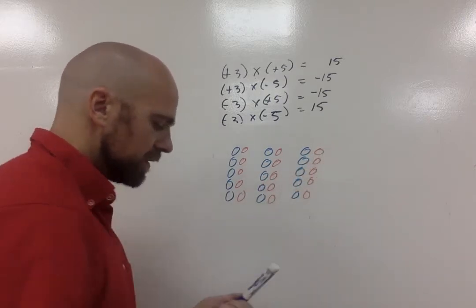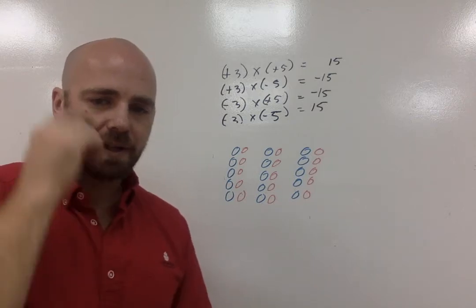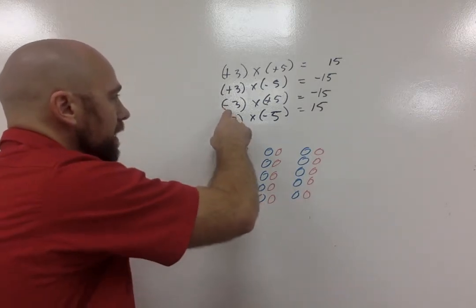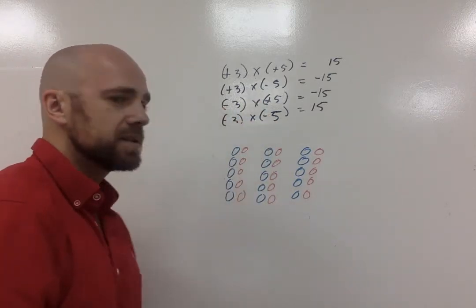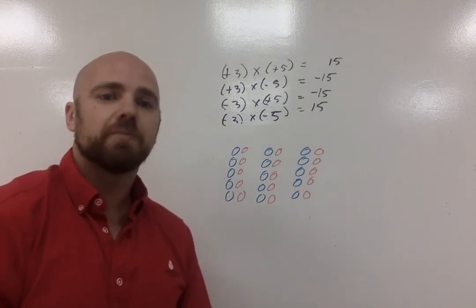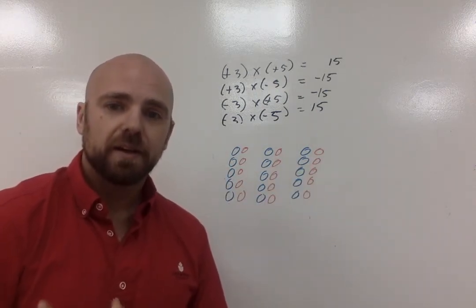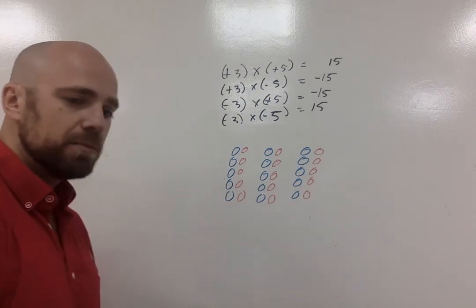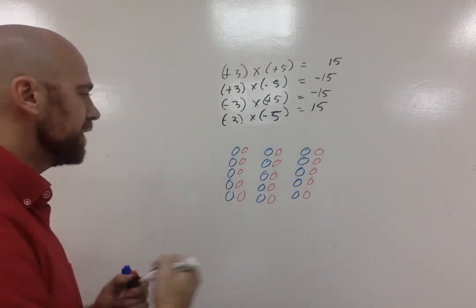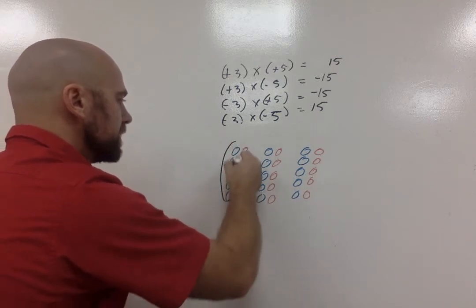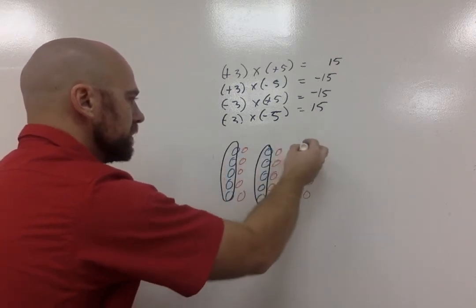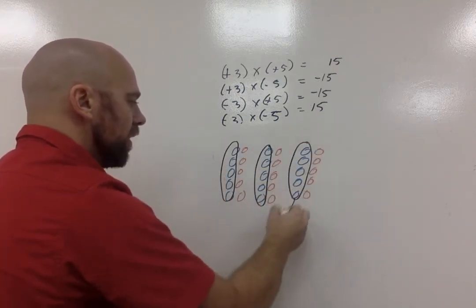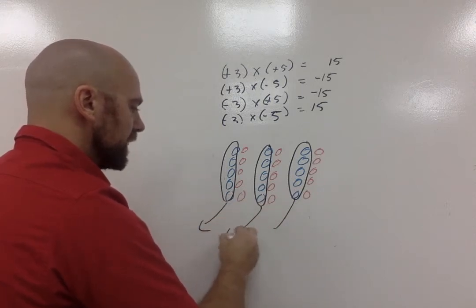Okay, so my first example is saying negative 3 times positive 5, which means I am removing 3 groups of positive 5. So if I'm removing 3 groups of positive 5, this one is going to be gone, this one is going to be gone, and this one. So all 3 of these are leaving.